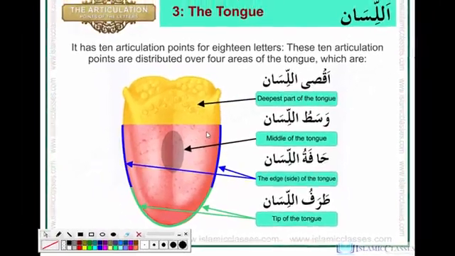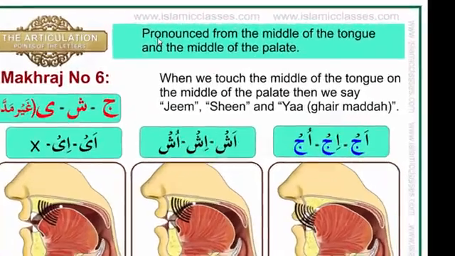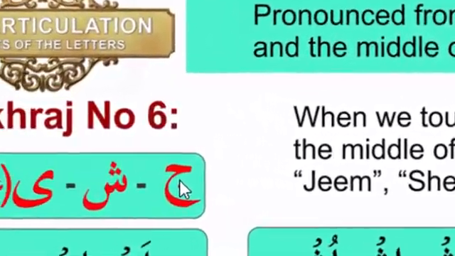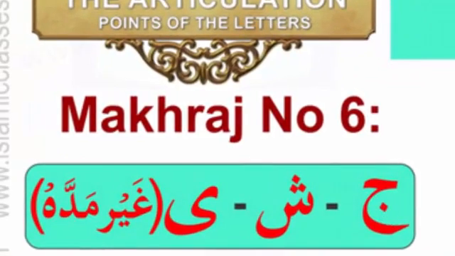Okay, and now we are going to start Makhraj number 6 properly. First of all, the definition of this Makhraj is that it is pronounced from the middle of the tongue and the middle of the palate. First of all, we will learn how many letters we pronounce from Makhraj number 6, so they are written here. There are 3 letters.